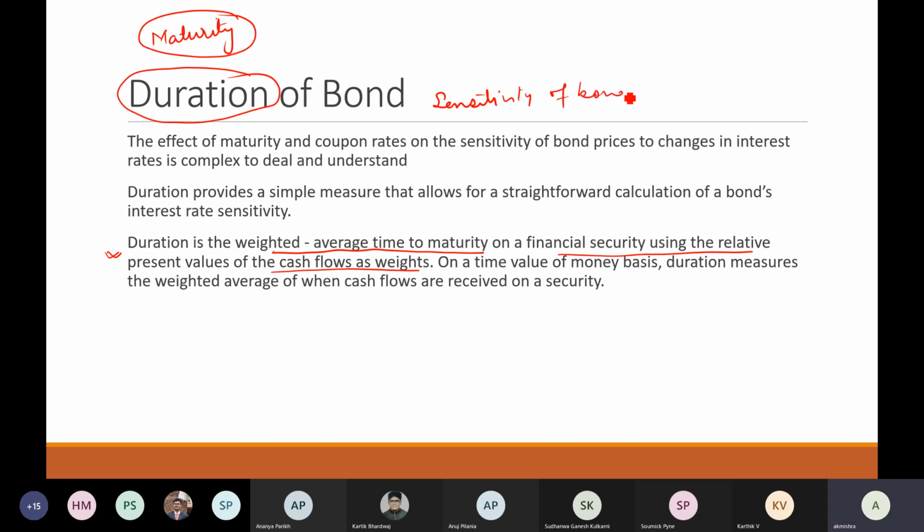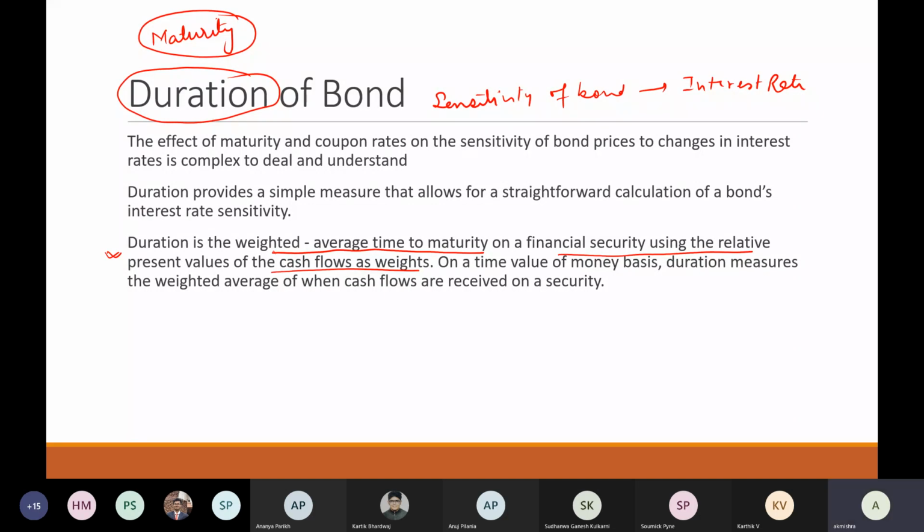So what sensitivity are we talking about? We are talking about sensitivity with respect to interest rate. Like yesterday, one student asked the question how your bond is sensitive towards interest rate.